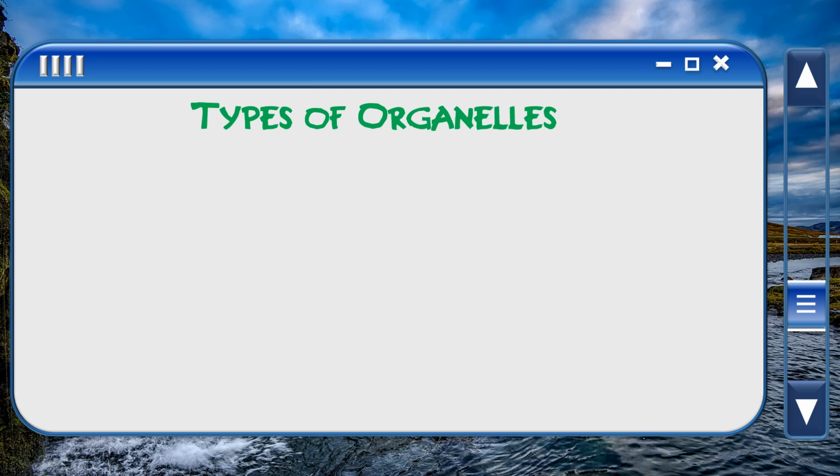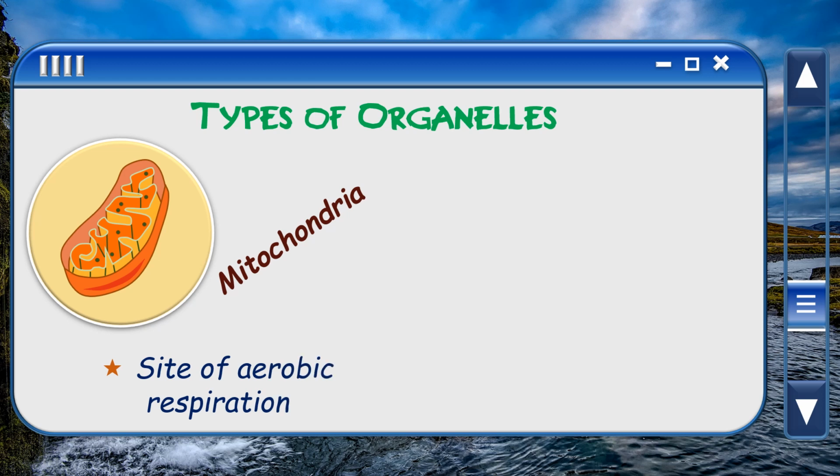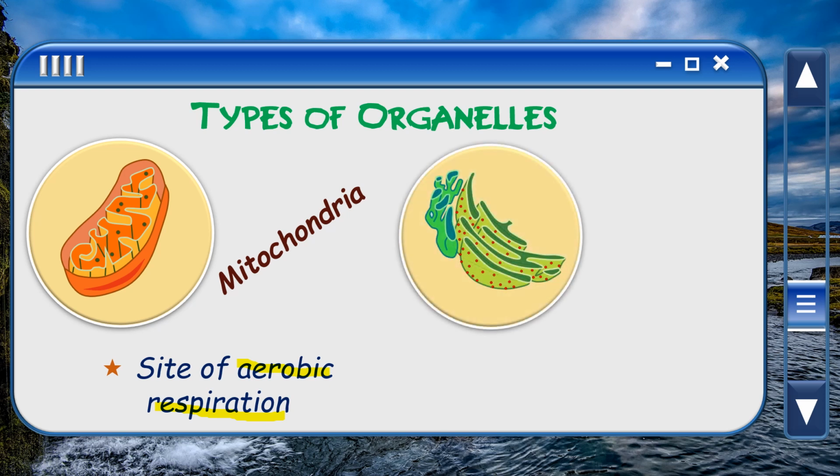Let's look at the types of organelles. We have, for example, the mitochondria, and this is a site of aerobic respiration. It's where we get our energy from, or it is the powerhouse of the cell.